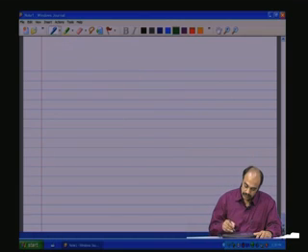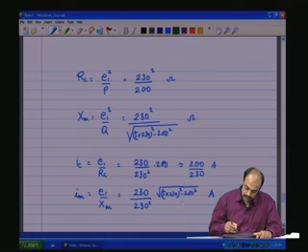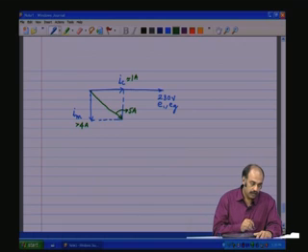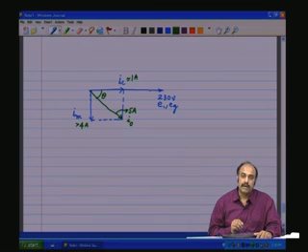So, if you calculate this portion, this should be around 4 amps and this should be around 1 amp. So, this would be the vector diagram, and this will be the angle, this is I naught, by which the current lags the applied voltage E1 or EG.